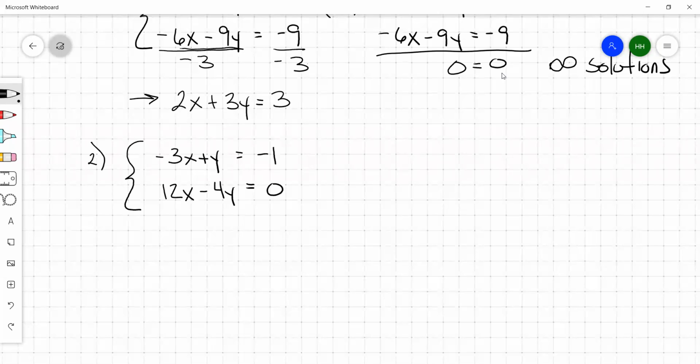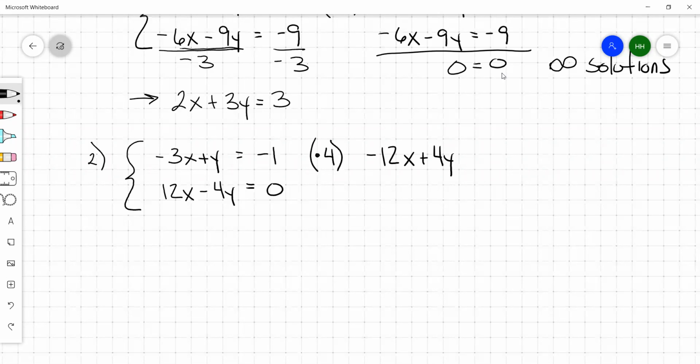So you get to choose what variable you want to eliminate first. I'm going to get rid of the x's when I combine. So I'm going to multiply the top equation by 4. Multiplying the top equation by 4 gives a negative 12x plus a 4y.